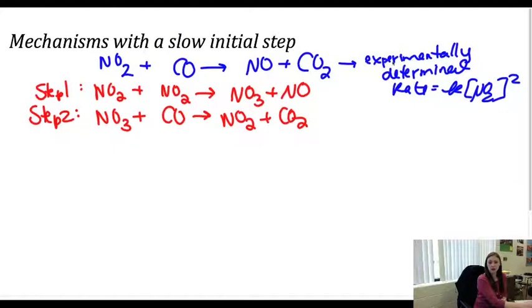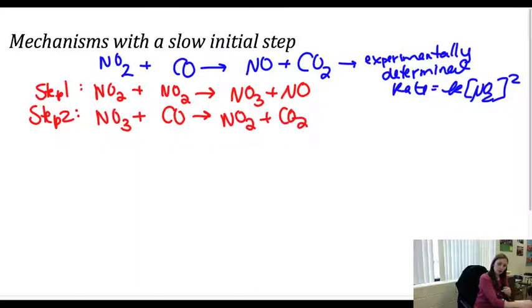Okay, and the experimentally determined rate is K times the NO2 squared. So that's what I'm trying to figure out, how we could possibly get some reactions to go together to get that rate that I know what that's supposed to be based on in my experiment. Well, somebody proposed 2 steps. Okay, they proposed NO2 plus NO2 yields NO3 and NO for step 1, and then step 2 turned the NO3, added CO, and made NO2 and CO2. Okay.